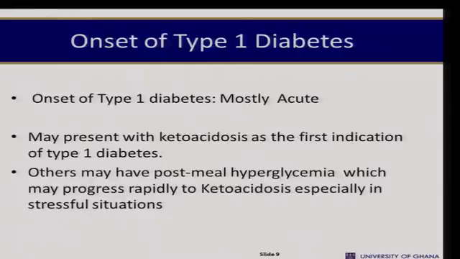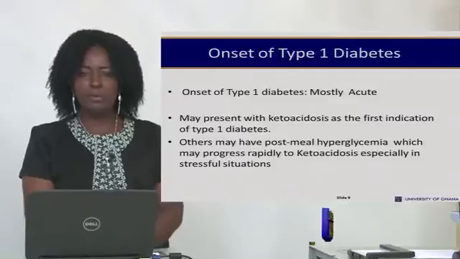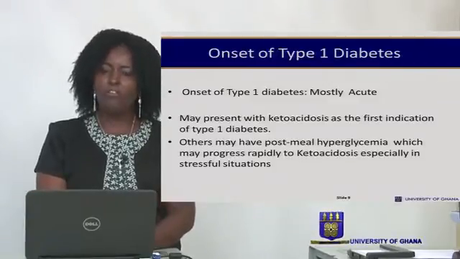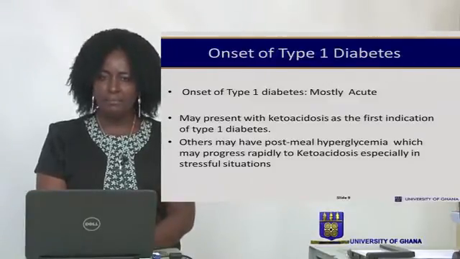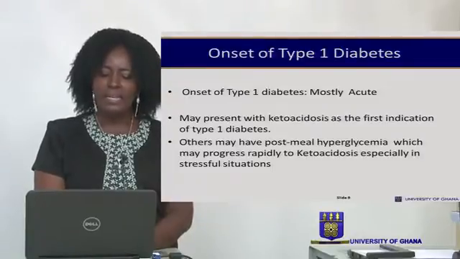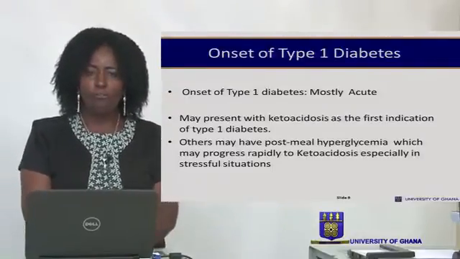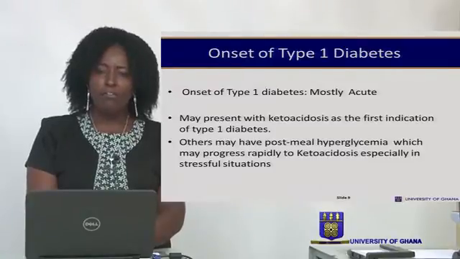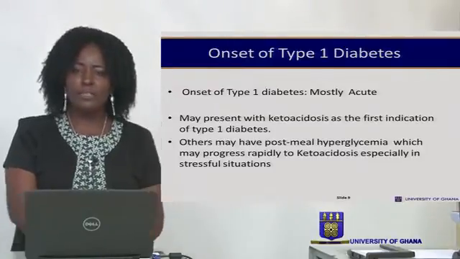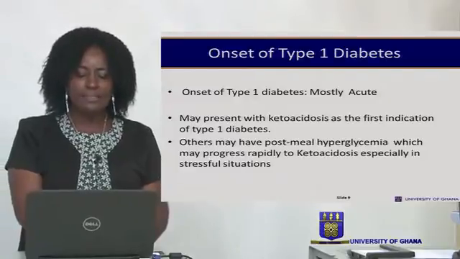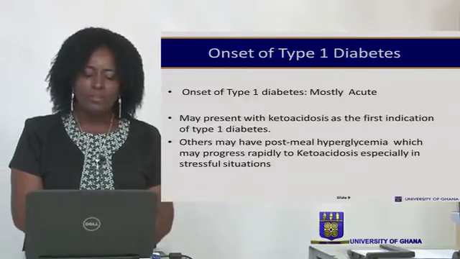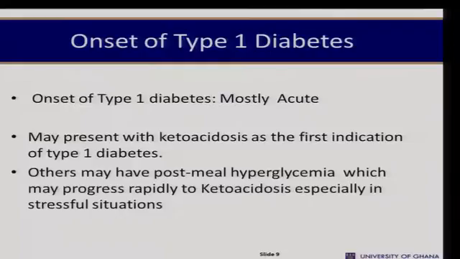Type 1 diabetes occurs suddenly and most of the time is very acute and may present with ketoacidosis as a result of breakdown of fat metabolism. When there are high levels of fat breakdown and depletion of insulin gets worse, most of the time it will result in diabetic ketoacidosis.